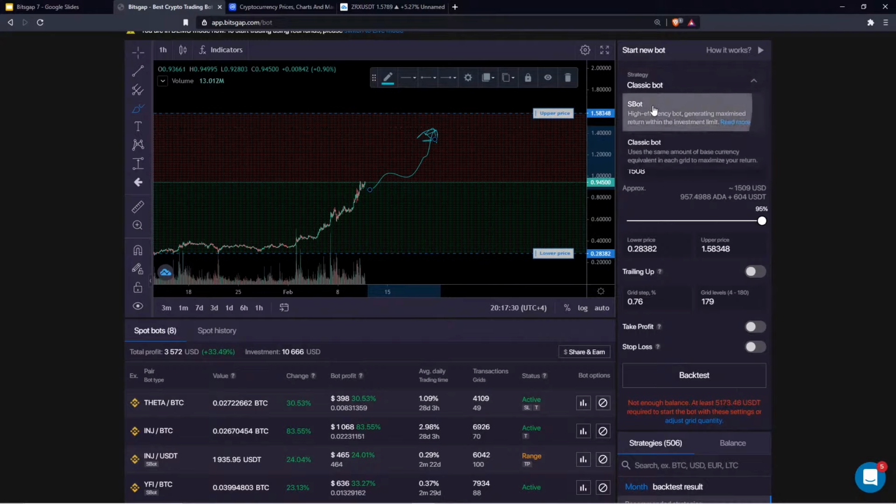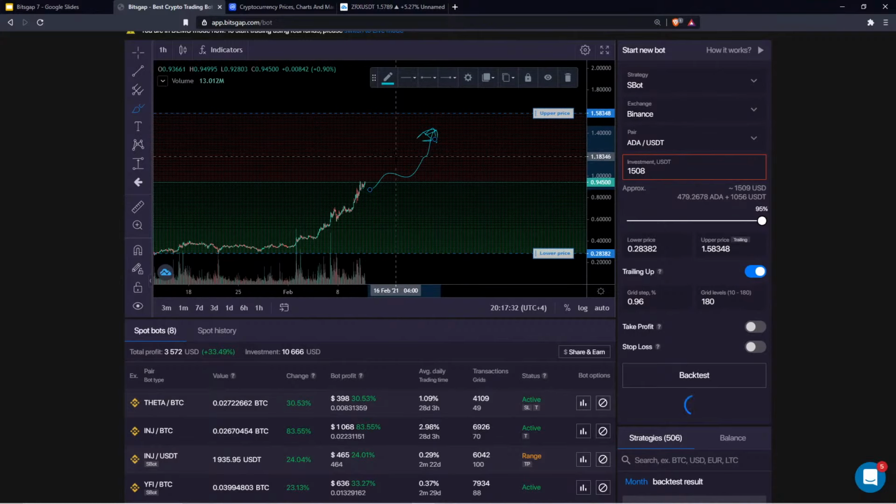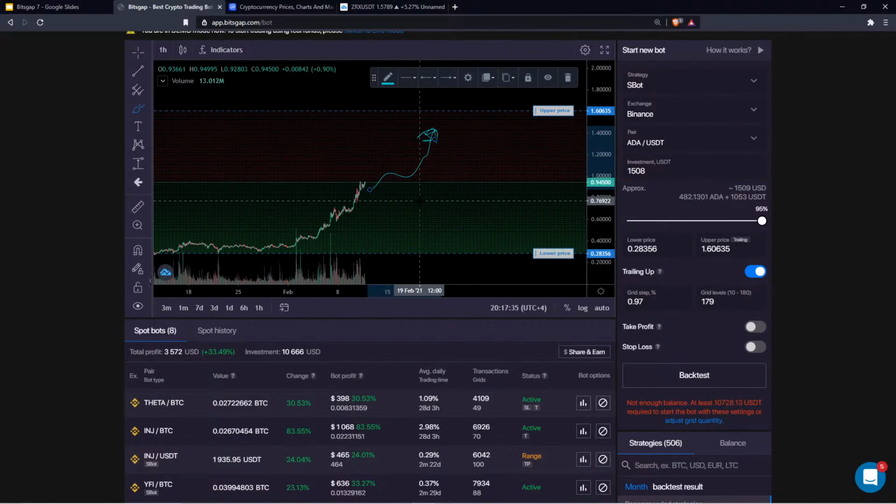Whereas in case of the SBot, it just spends the same amount of investment per each grid level. So of course, if the price appreciates now, in order to buy crypto with the same amount it used to buy, let's say it always spends $10, okay? So that means that when the price moves higher, now you can buy fewer coins.